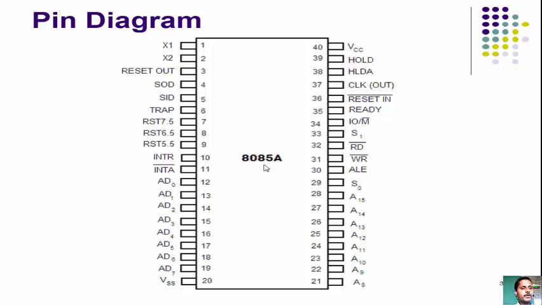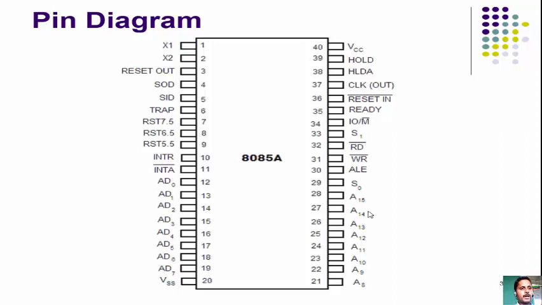As we know, 8085 provides 16 address lines, and out of that A0 to A7 address lines are multiplexed with data lines on pin number 12 to pin number 19, and the remaining 8 address lines, that is A8 to A15, are located on pin number 21 to pin number 28.